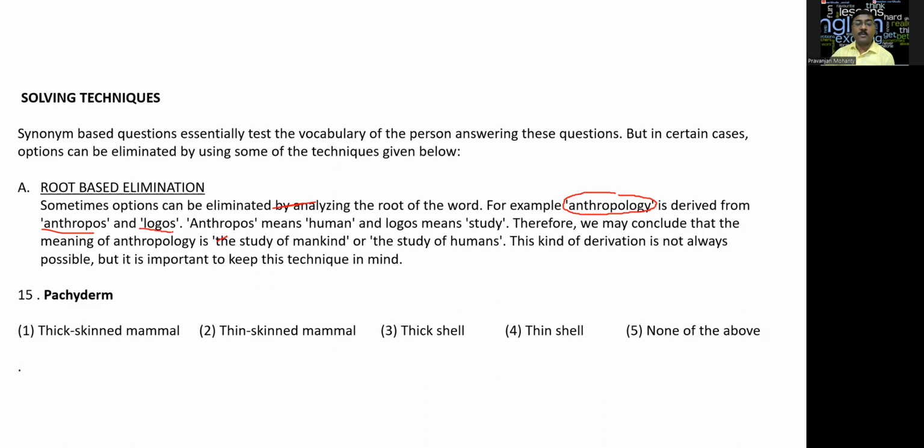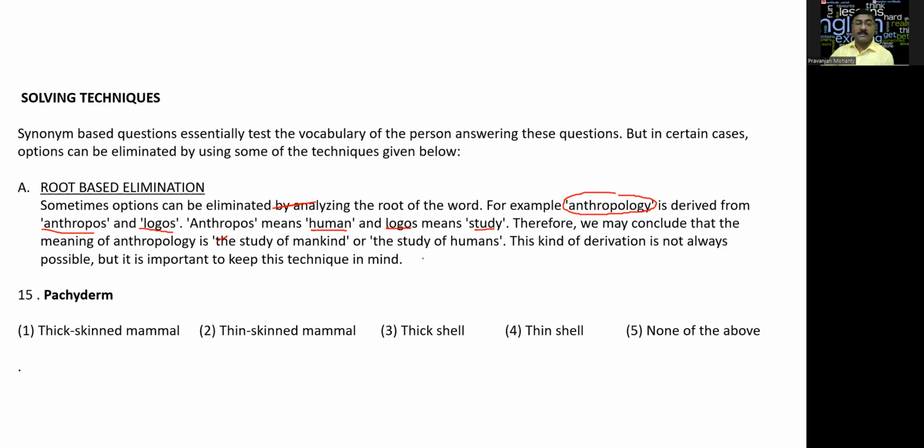So these two words combination forms anthropology. Anthropos means human or mankind, and logos means study. So we can understand that anthropology means anthrop, man or humans or mankind, and logos is study. So the study of human beings or mankind is anthropology.